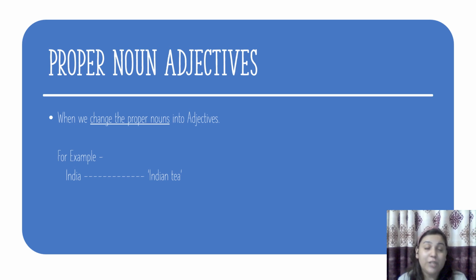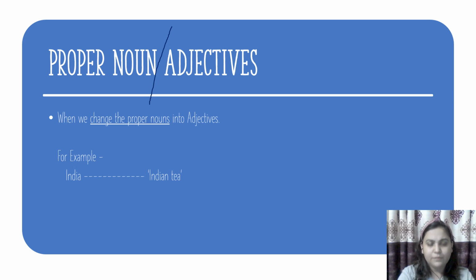Next is, today while doing the workbook work, we have come across this word, or this phrase I would say, proper noun adjectives. When I talk about proper noun adjectives, what are they? We'll just break the word into two parts. First part is proper noun and the second part is adjectives.